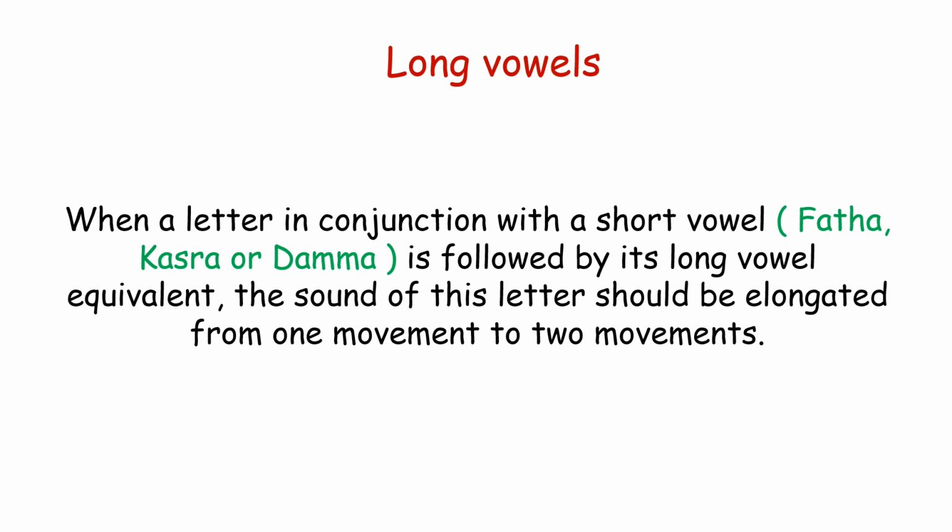So, when a letter in conjunction with a short vowel is followed by its long vowel equivalent, the sound of this letter should be elongated, from one movement to two movements. Let's take the letter Ba as an example, shall we?